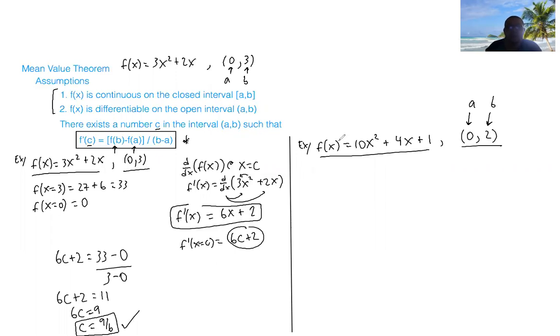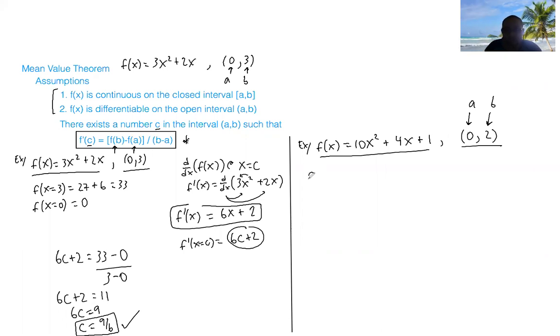Okay? So we don't have to rewrite it. Let's just refer to this over here, okay? So the parts that we need are the original function evaluated at point b, in this case that's going to be 2, and also your original function evaluated at a, in this case 0.